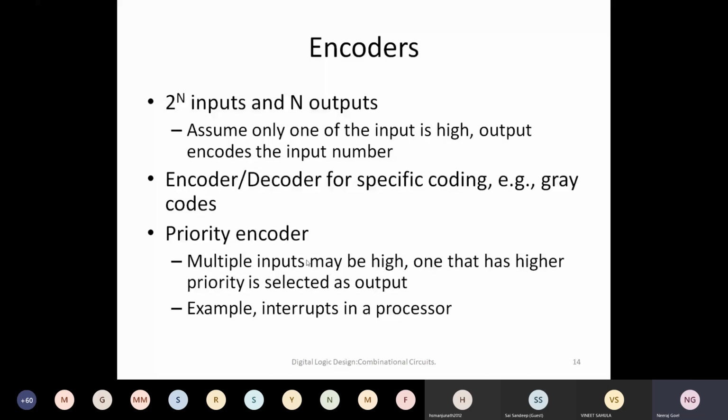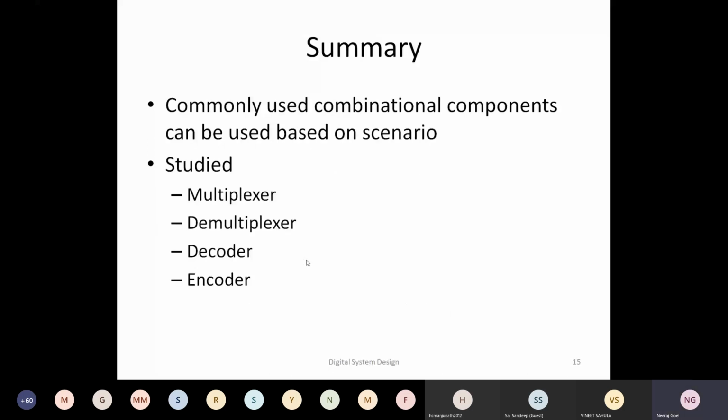So this summarizes our first part of this module, where we were discussing how commonly used combinational circuits can be used based on scenario, based on application. Okay, so I also understand that this was pretty fast because it was a revision exercise.